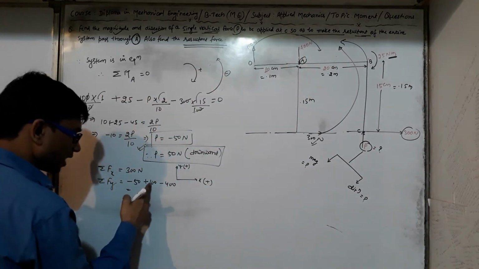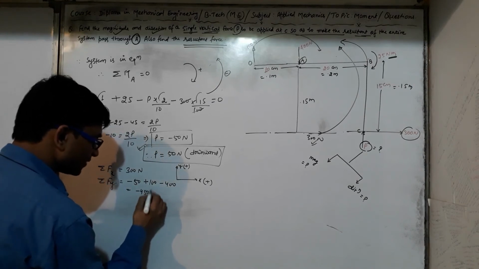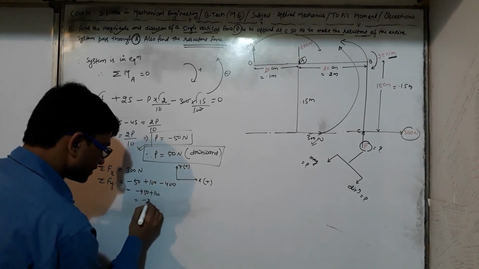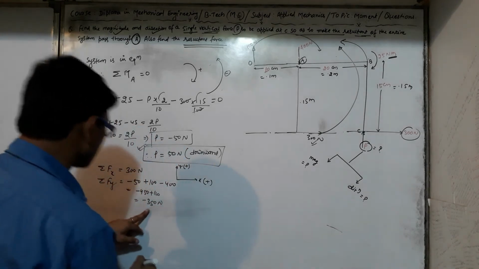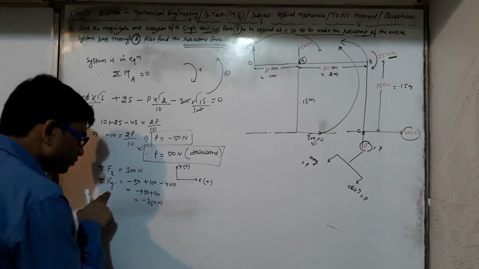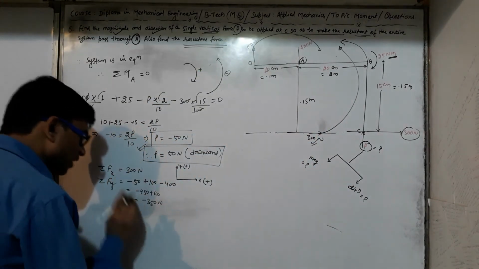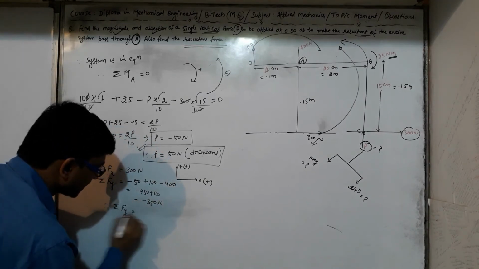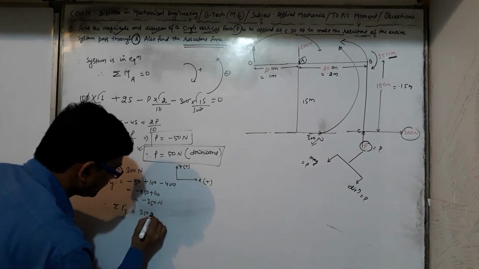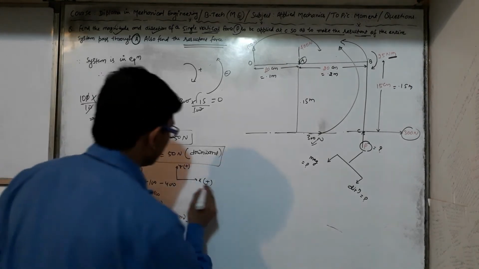So minus 450 minus 50 plus 100, that is minus 350 Newton. So this minus indicates that the overall resultant force will act in the downward direction. So actually the summation of all forces along the y-axis is 350 Newton, but downward.